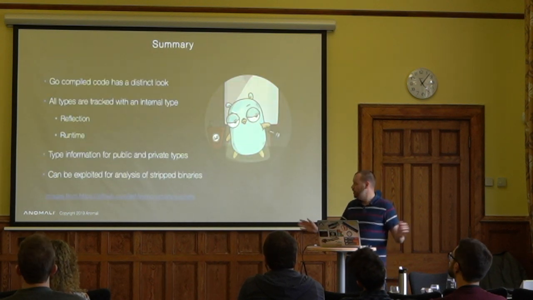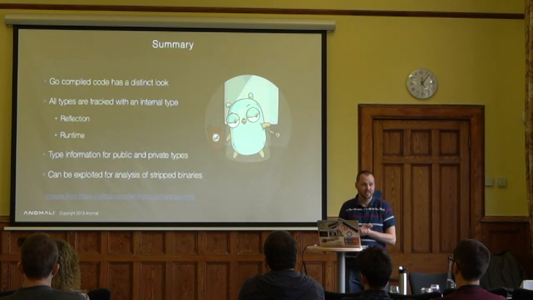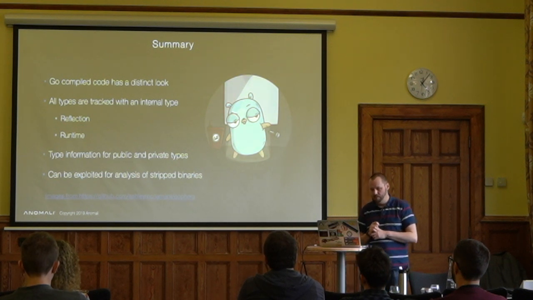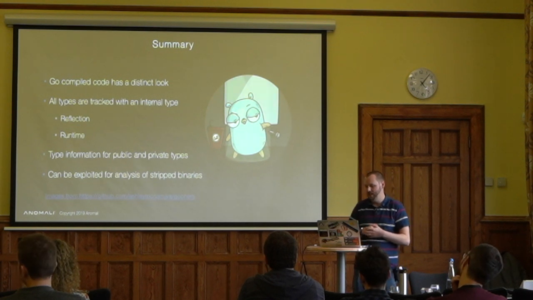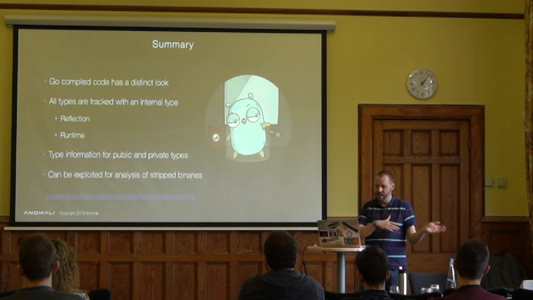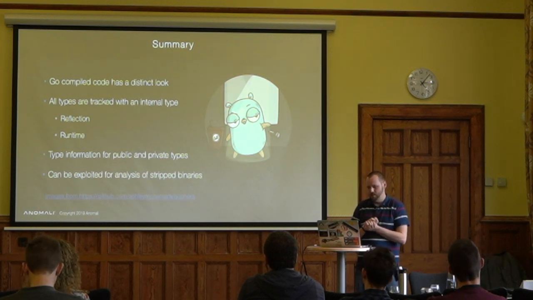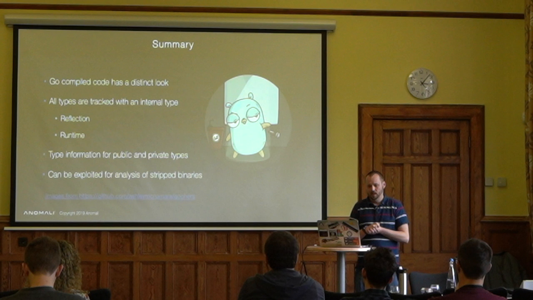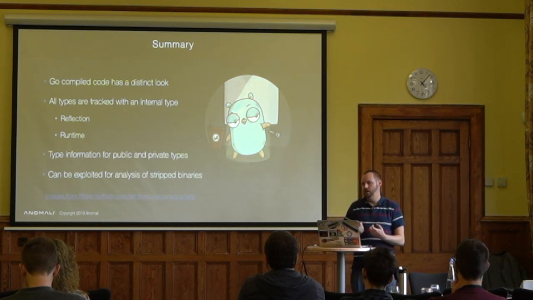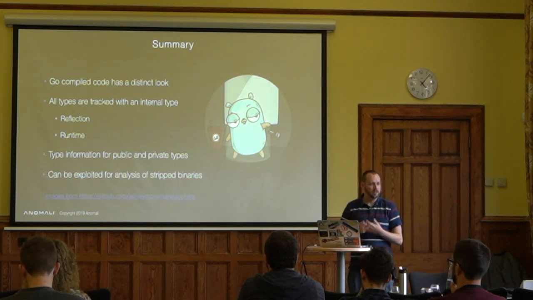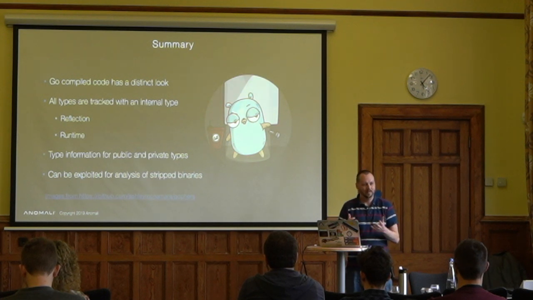So, summary-wise, compiled code from Go has a distinct look. The type system is tracked heavily, which prevents things from being cast to what they can't be. The very interesting thing from an analyst's perspective is that even if information is marked as private, you can pull it out and reconstruct an idea of what the source might have looked like.